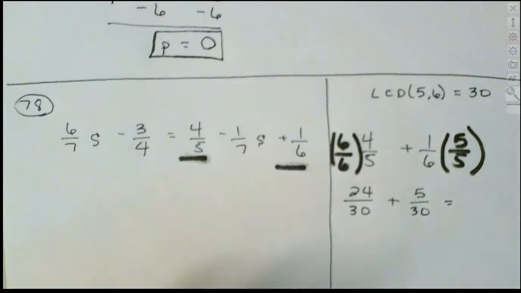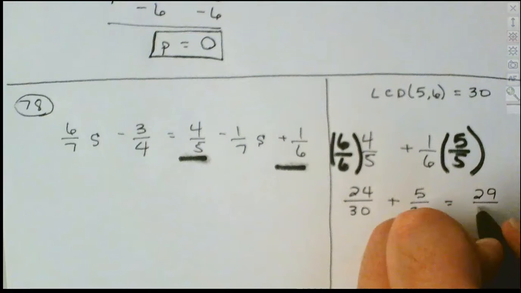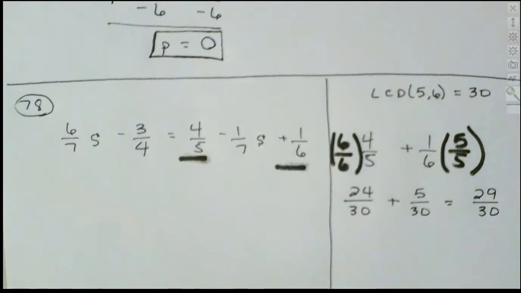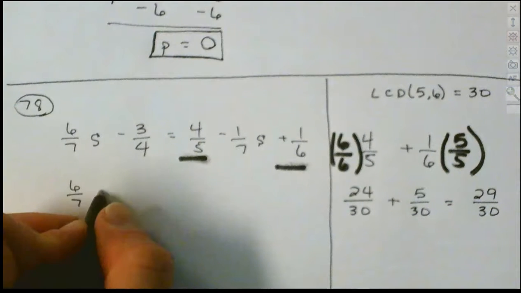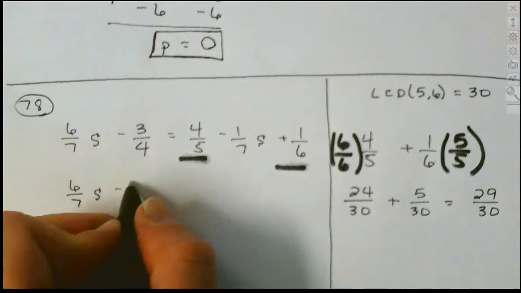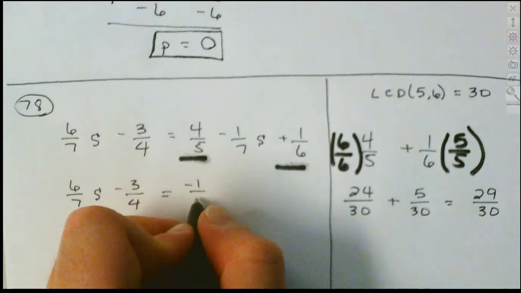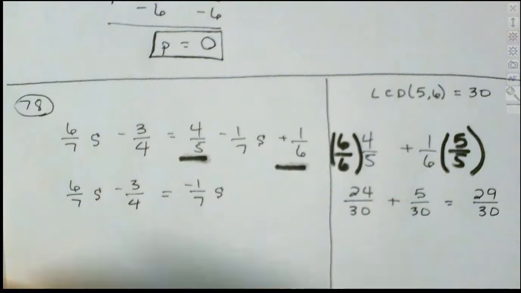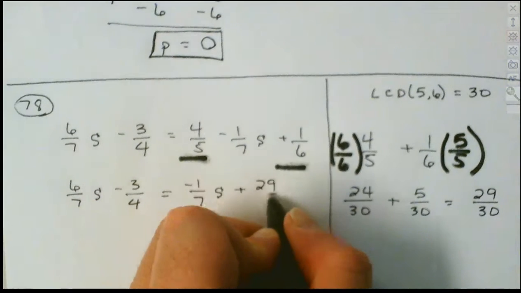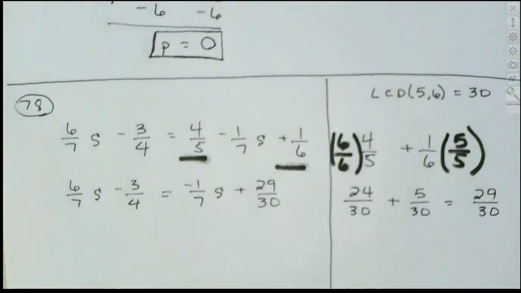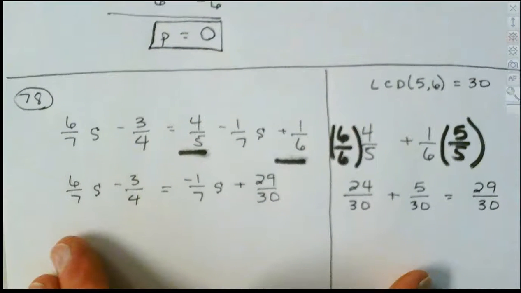Adding those together, we now have 29/30. So that's what we've got there.